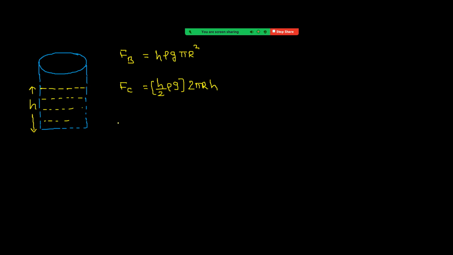Now equate these two. Then see what we get here. h rho g into pi r square is equal to h by 2 rho g into 2 pi r h. Now just see the calculation part.